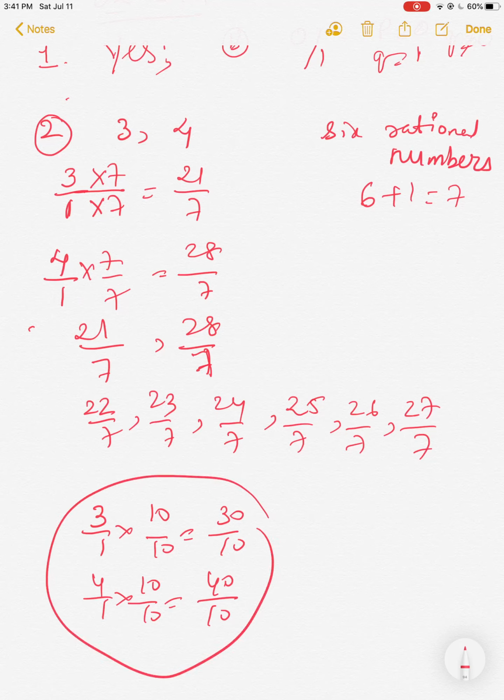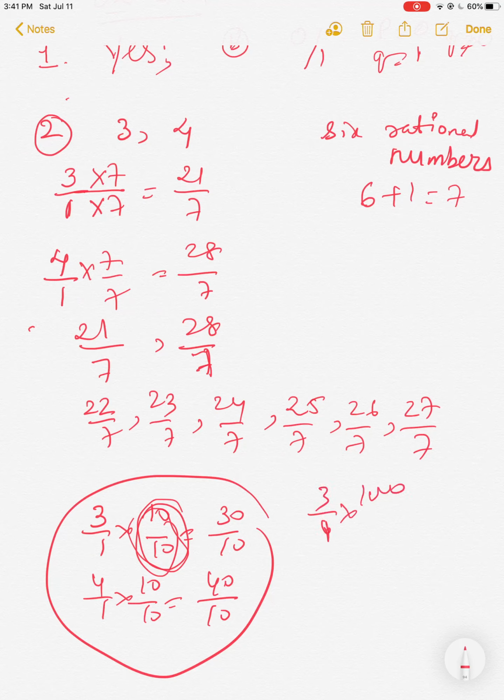Now between 30 and 40, 31 upon 10, 32 upon 10, 33 upon 10, 34 upon 10, like that. The bigger the number you take here, the more numbers you will get, the range will be more. The bigger the numbers you take, you can find out like this also.